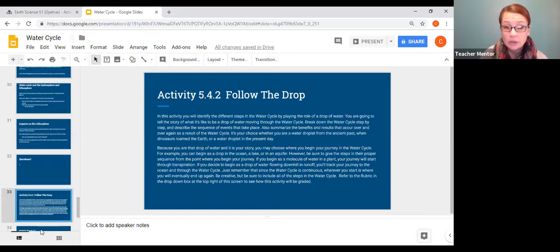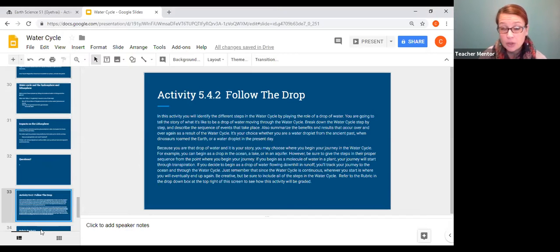You are going to tell the story of what it's like to be a drop of water moving through the water cycle. Break down the water cycle step by step and describe the sequence of events that take place. Also summarize the benefits and results that occur over and over again as a result of the water cycle. It's your choice whether you are a water droplet from ancient past, when dinosaurs roamed the earth, or a water droplet in present day.